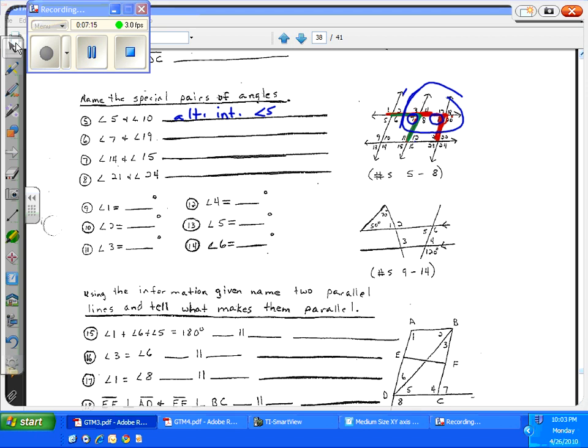They're in corresponding positions relative to the two lines, or they make the letter F, corresponding angles. Okay.